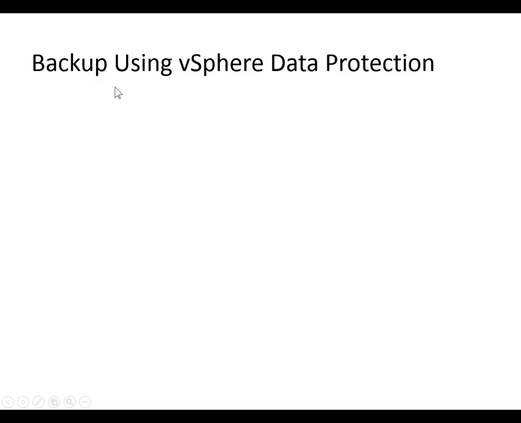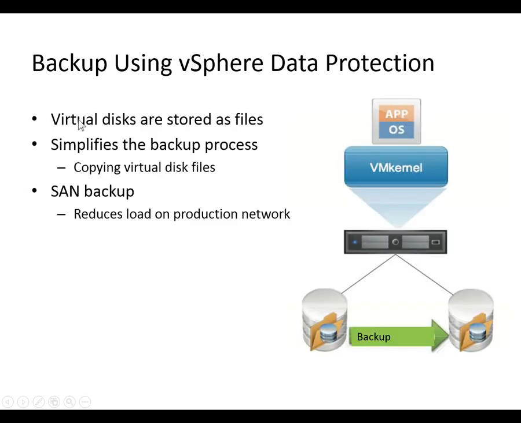So what we do is we use the vSphere Data Protection. As you know, virtual disks are stored as files, VMDK files, and this greatly simplifies the backup process, because now a backup is simply a matter of copying virtual disk files.